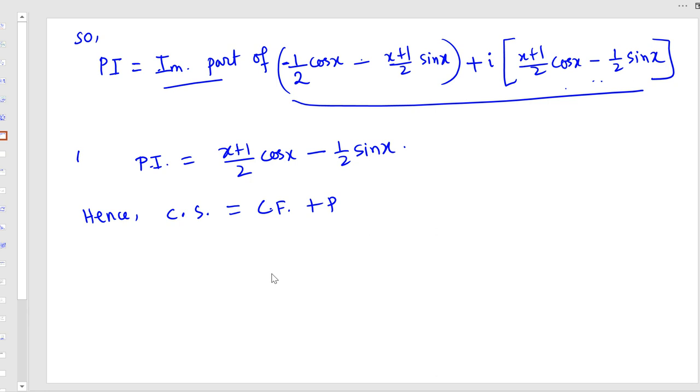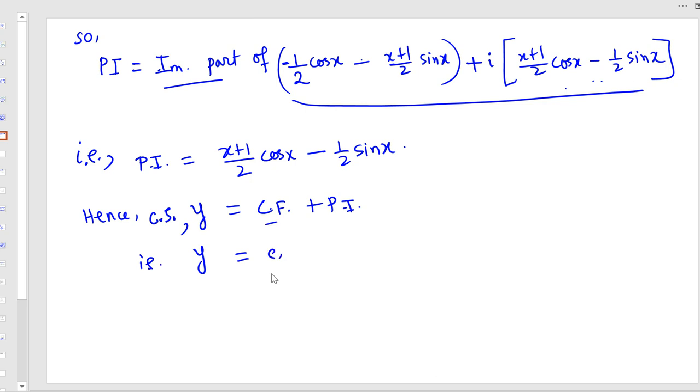We indicate this y. Y as a complete solution is written as Cf plus pi.